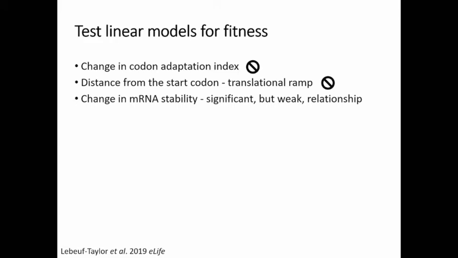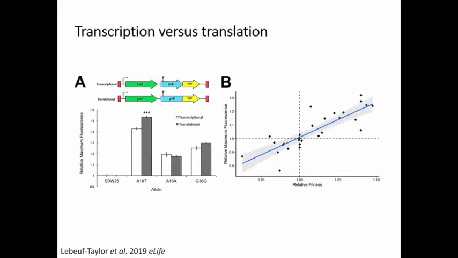Is it at the transcription part of the process, or at the translation part? So the next set of experiments was trying to identify whether an increase in transcription or an increase in translation was really important in driving expression differences.